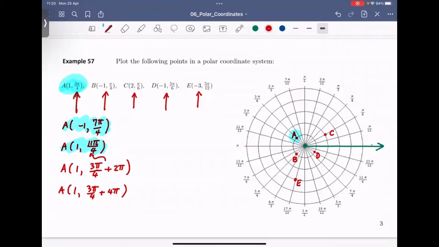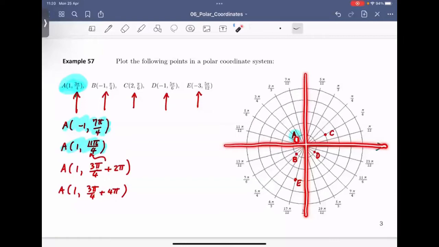Next, you may have a question: what if I have A here? You can replicate the rectangular coordinates by putting rectangular coordinates here. What is the point A in rectangular coordinates? This is going to be useful later, because we want to learn how to switch between rectangular and polar coordinates.